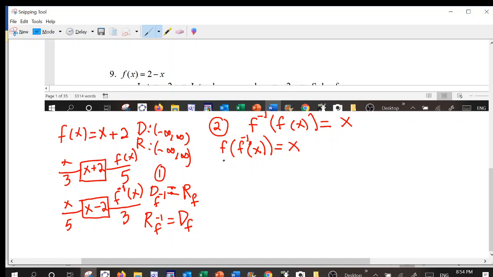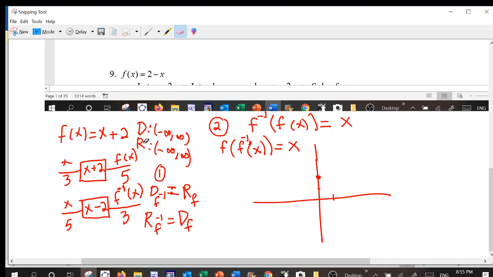Okay, so now what's the third property of inverses? Well, the third property is that if you graph these functions, let me graph these functions. So x plus 2 is like, you go to 2, that's 1 point.